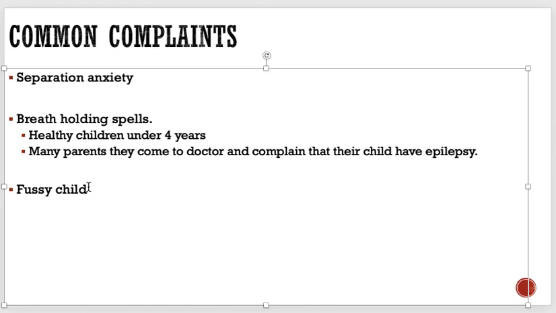Whenever there is a crying child, especially a child who cannot talk, of course we go for physical examination. We try to look out whether the baby has any physical abnormality or not. For example, check their fontanelle, their tympanic membranes, their nose, inside the mouth, and especially their eyes, because sometimes it can be child abuse.